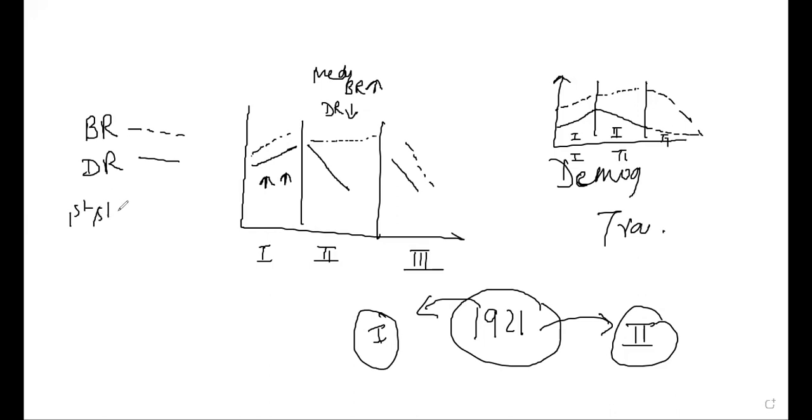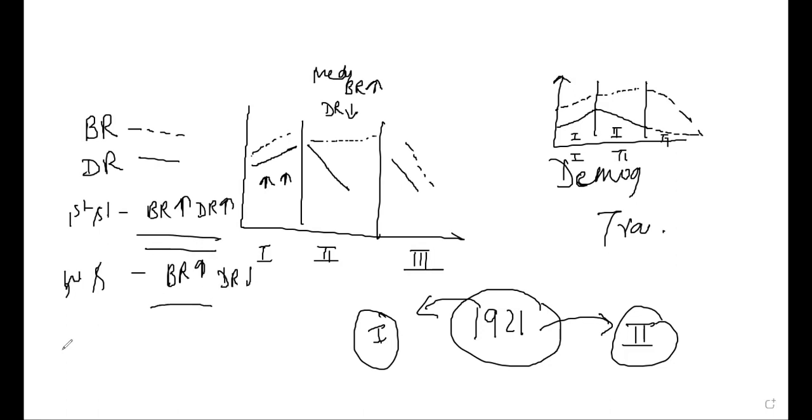First stage, what was happening? Birth rate high, death rate high. You'll write the reason. Second stage, birth rate high, death rate came down. After that, you'll write the reason. Then third stage, birth rate and death rate both came down.